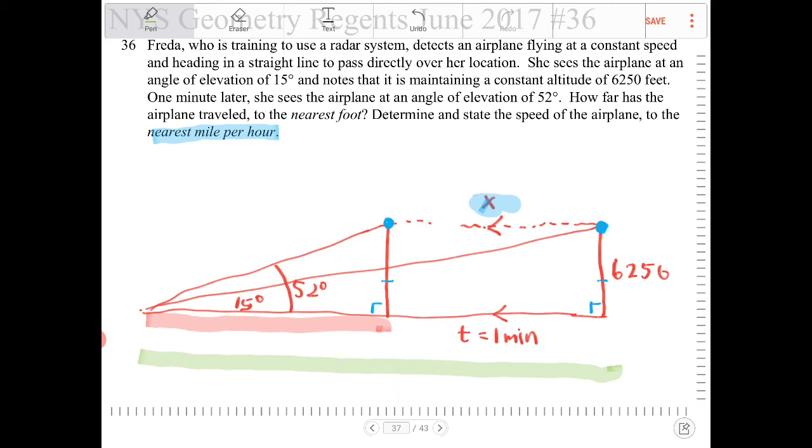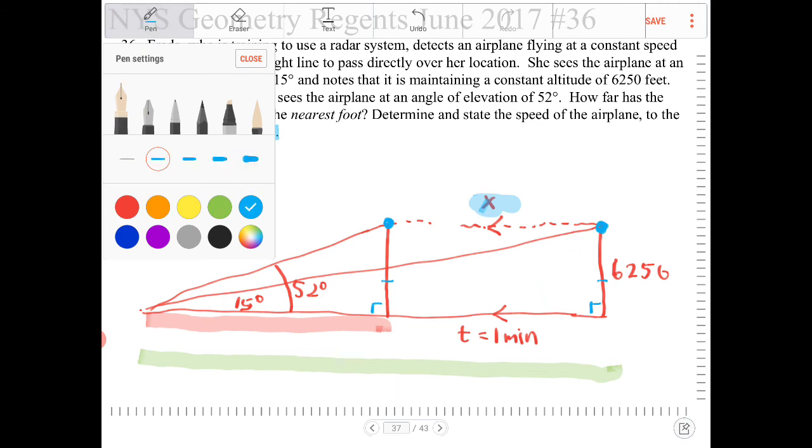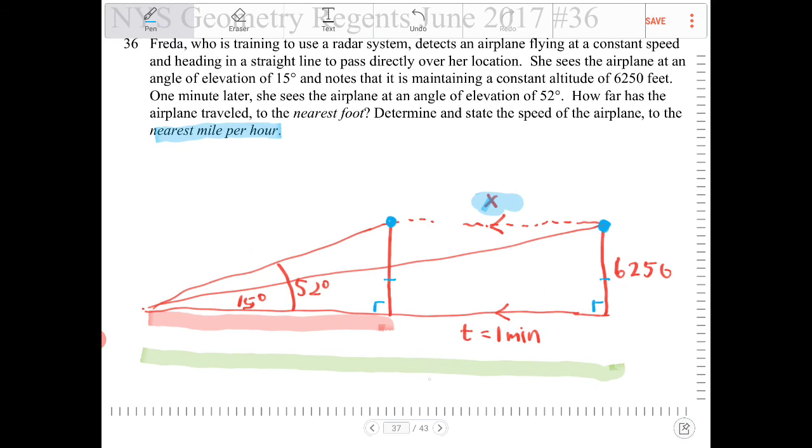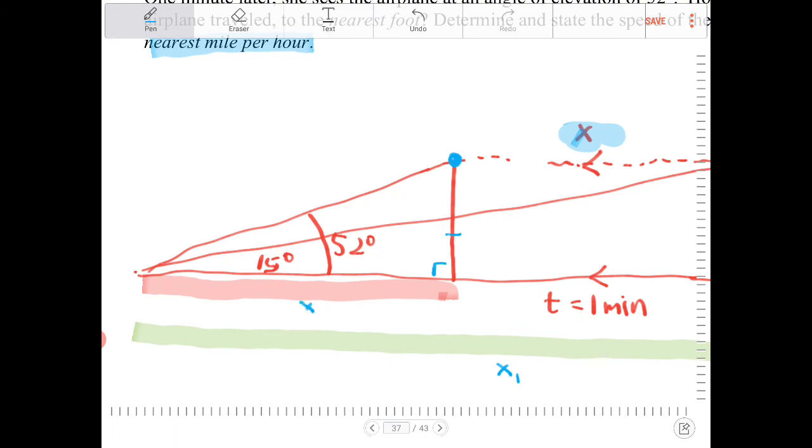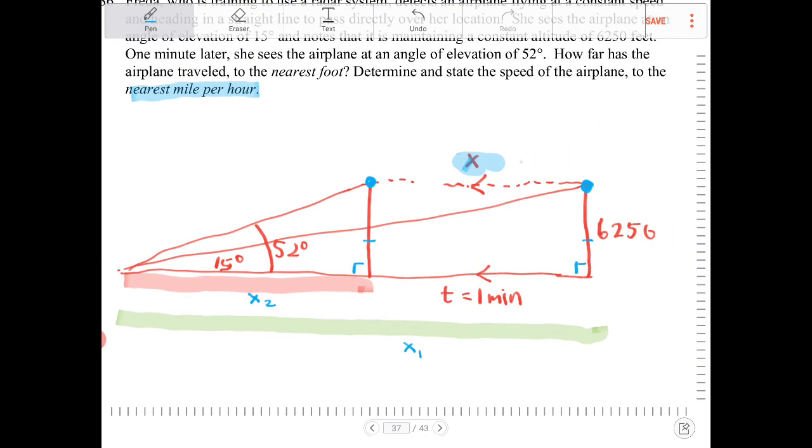So there are two different lengths we need to find. I'm going to call this one x1 and this one x2. So the answer I'm looking for, x, is going to be x1 minus x2.